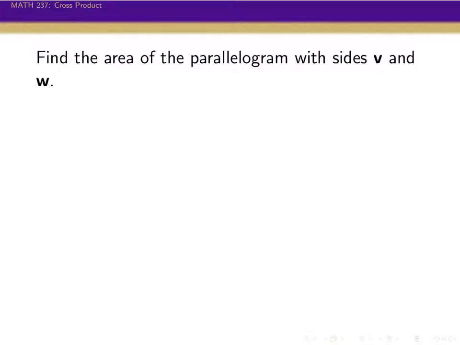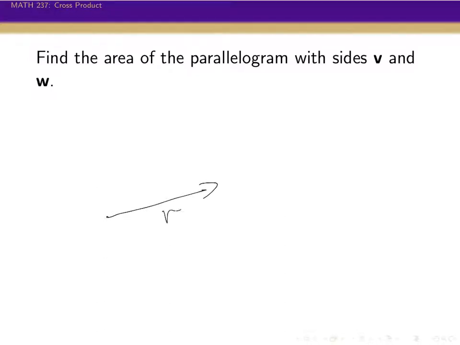Okay. For the next problem, let's imagine we have two vectors, V and W. We talked before about how two vectors generate a parallelogram, so let's see if we can figure out how to get the area of that parallelogram.